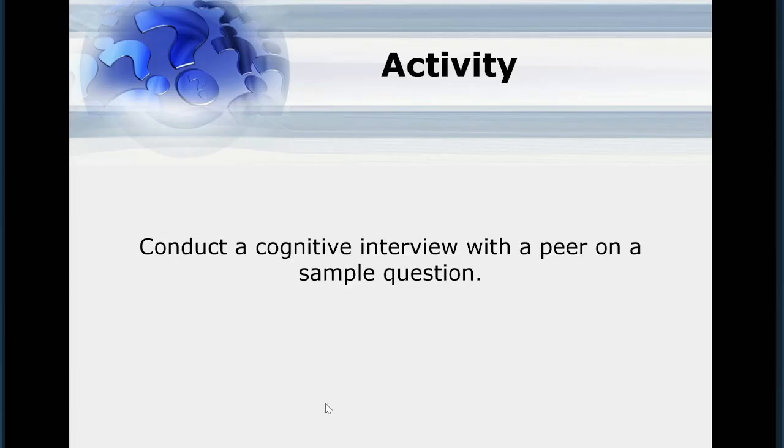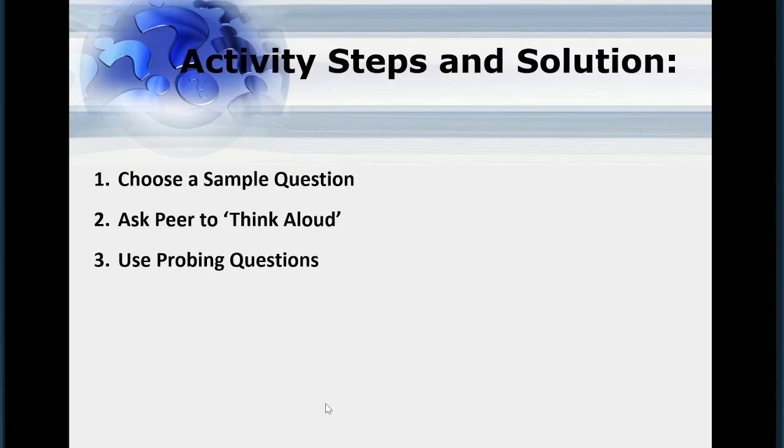Conduct a cognitive interview with a peer on a sample question. You can choose a sample question like, how often do you buy organic products? Ask peers to think aloud. Encourage the peer to explain their thought process as they answer.